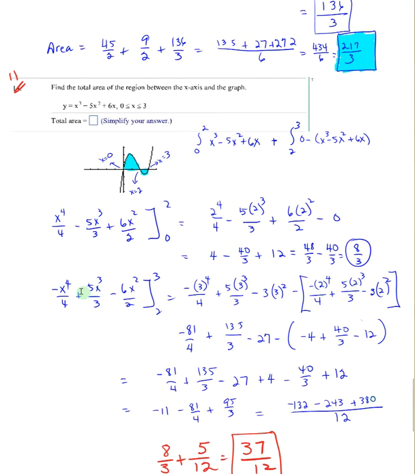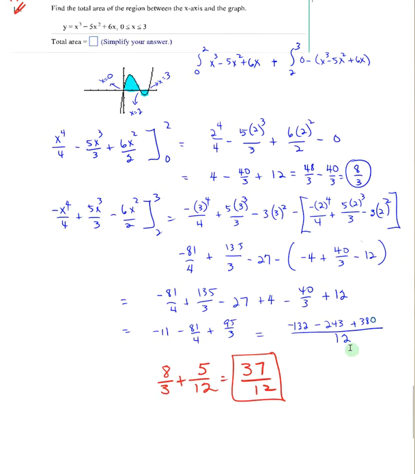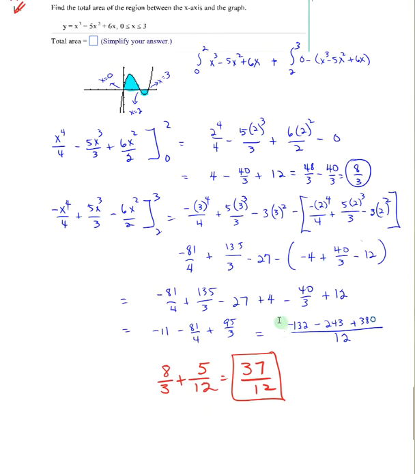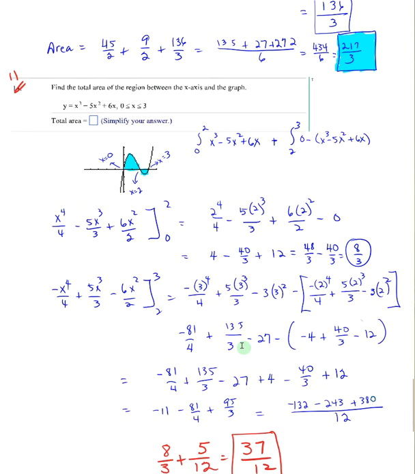There's a lot of fraction work, getting common denominators, and I'm not going to go through every step of that, but we should end up with 8/3 plus this piece down here, which should equal 5/12. You have to get a common denominator. That becomes 32/12, and you have 37/12 for your final answer. So that is the work for that. It is sometimes a little tedious. You have to be very careful with your fractions, but that should get you through these integrals and area.